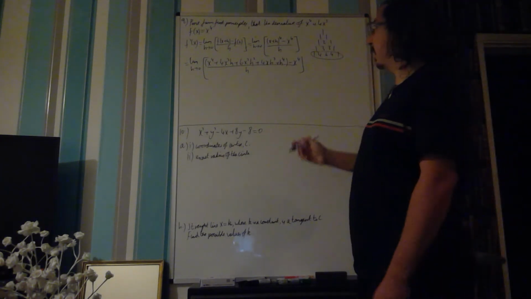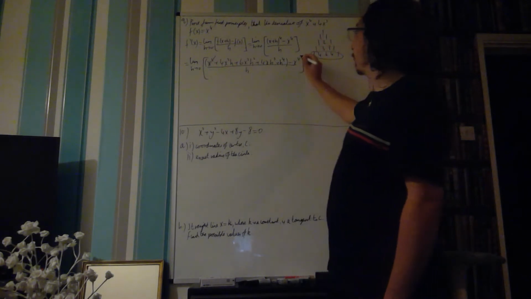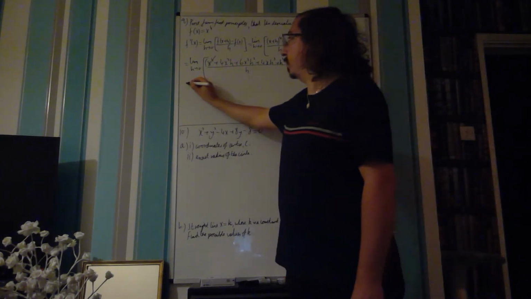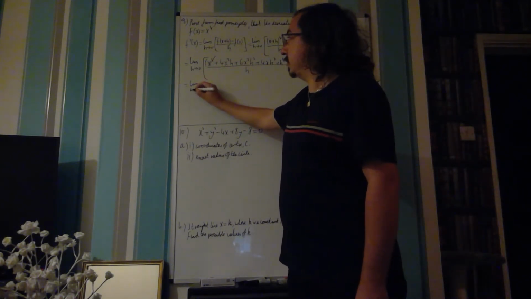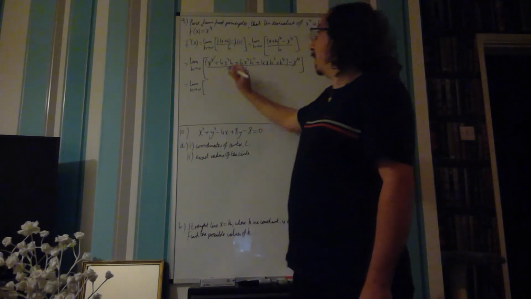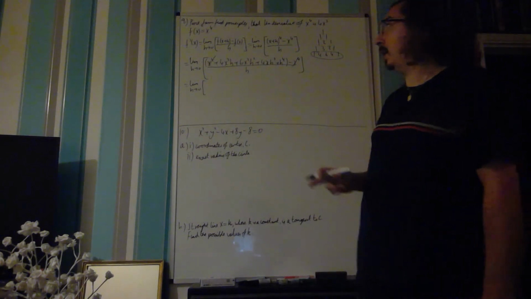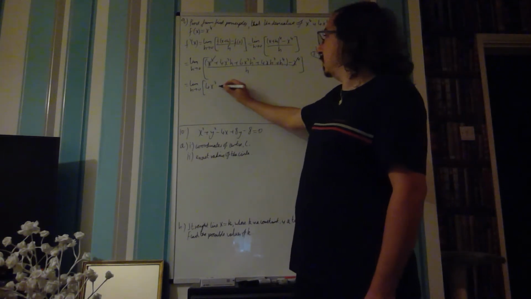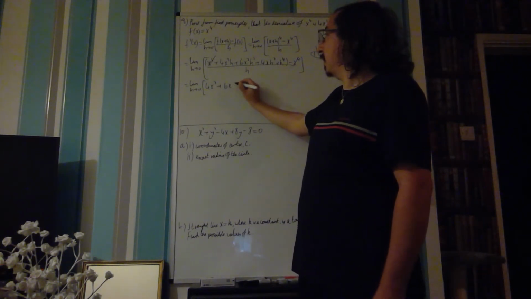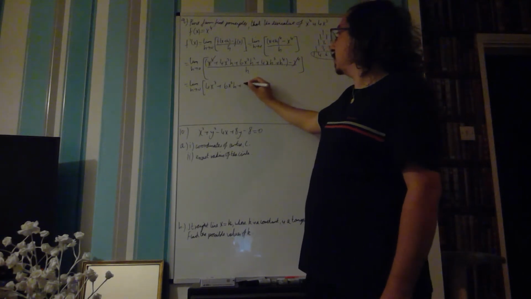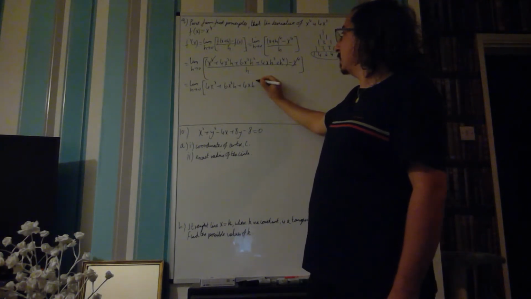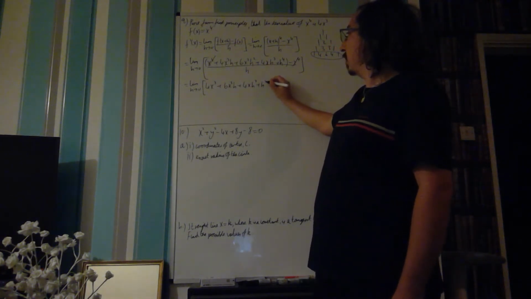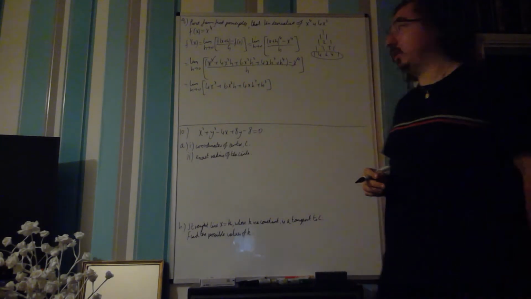So if we simplify this then, the x to the 4's here are going to cancel. We've still got the limit as h goes to 0. And if I divide all the other terms by h, we've got 4x cubed plus 6x squared h plus 4xh squared plus h cubed.